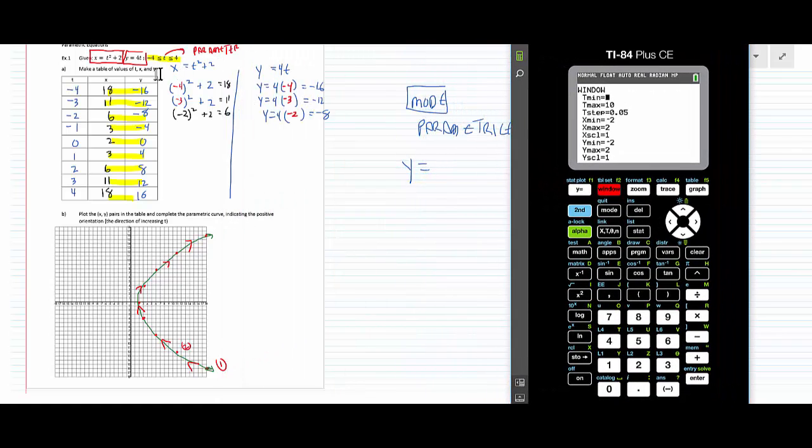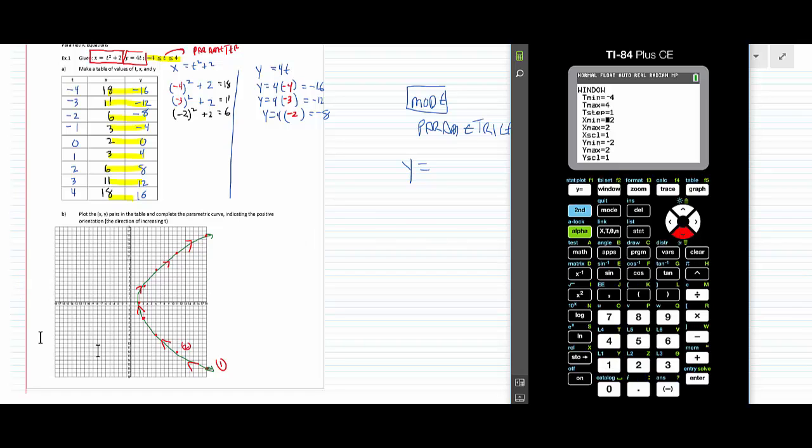The t was given as -4 to 4, so we go -4 to 4, just like that says. Now you can t-step that however you want. We t-stepped by 1 here, so you can do 1. The smaller you go, the more accurate it gets, but this is probably pretty good on this one.